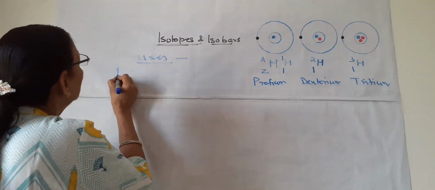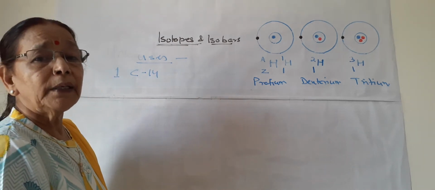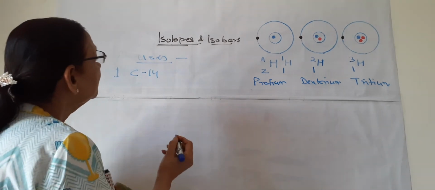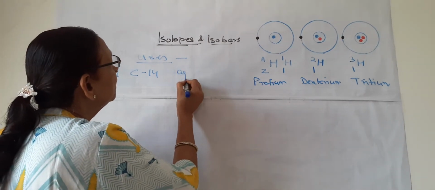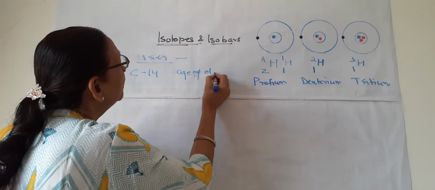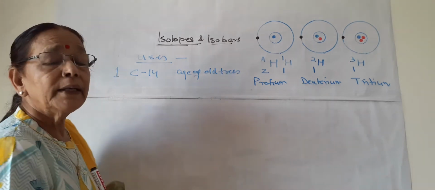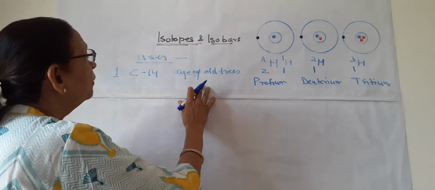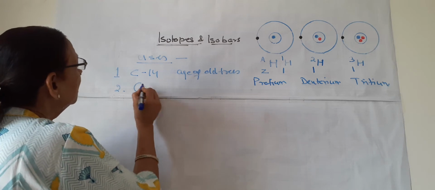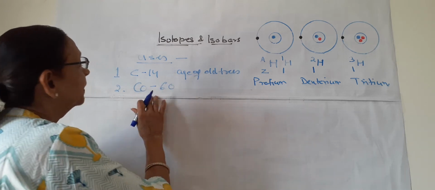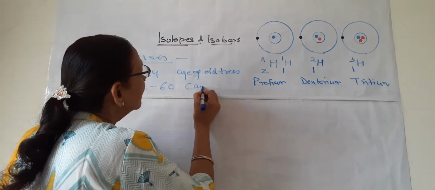First of all, C-14, the carbon radioactive isotope, is used for knowing the age of old trees. By knowing how much radioactive carbon is there, we can know the age of old trees. Second, cobalt-60 is an isotope of cobalt. It is used in cancer treatment.